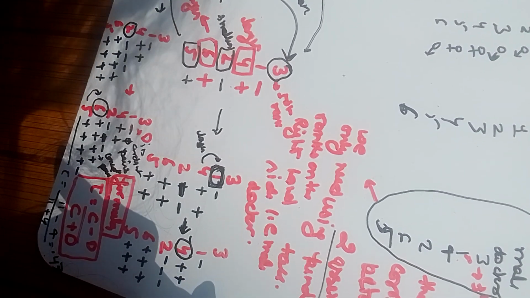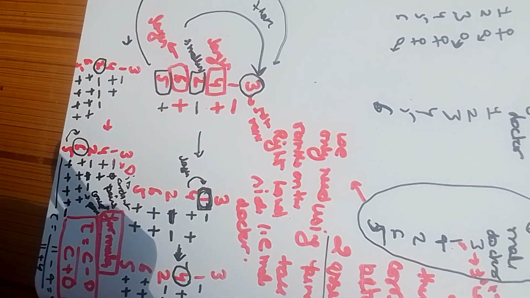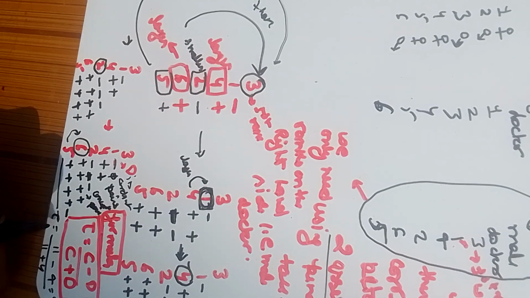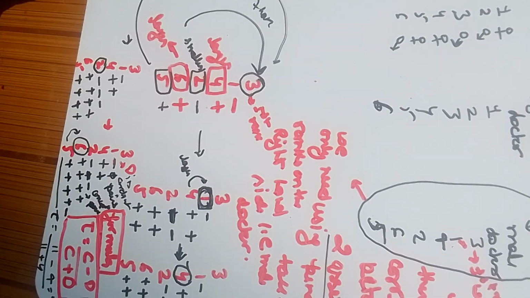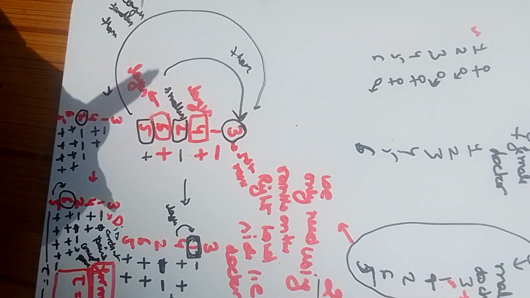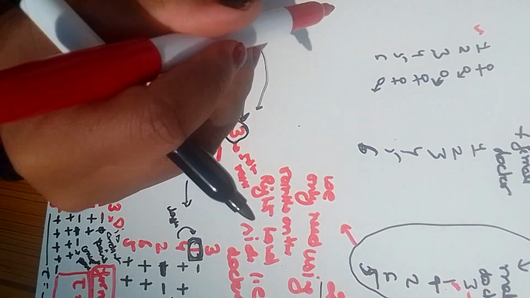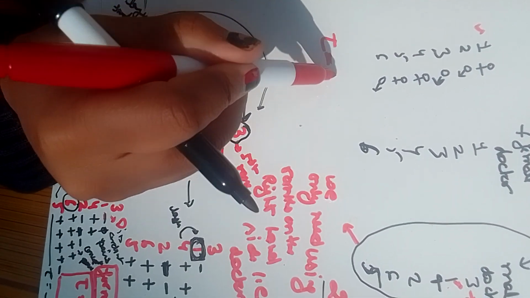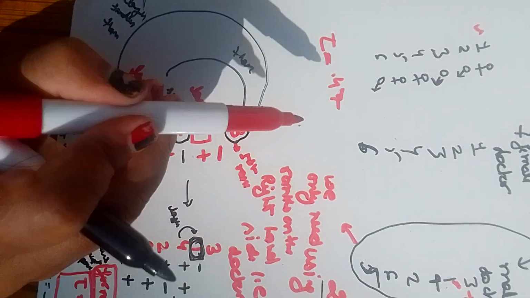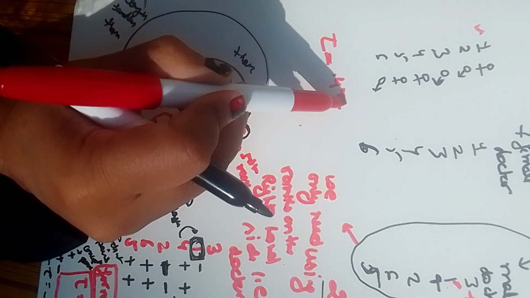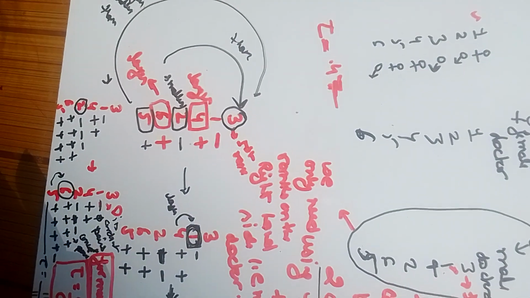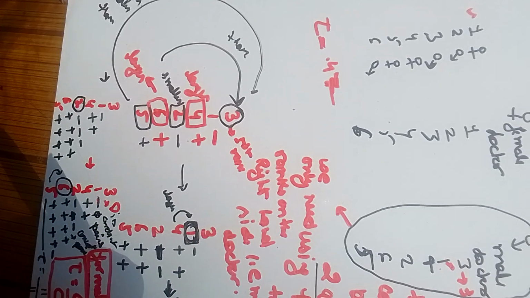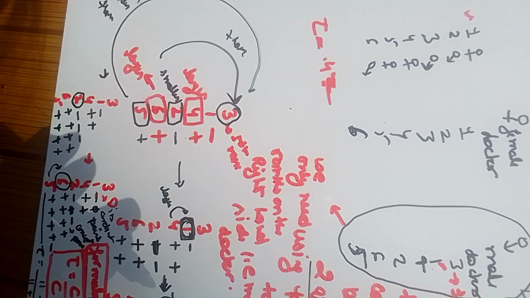I hope it is visible. So what Kendall's tau value came? The value of Kendall's tau came 0.47. Okay students, so in this video I taught you how to calculate Kendall's tau mathematically.